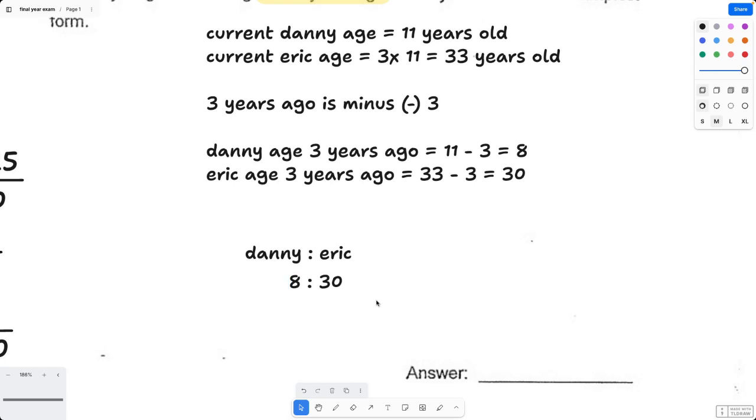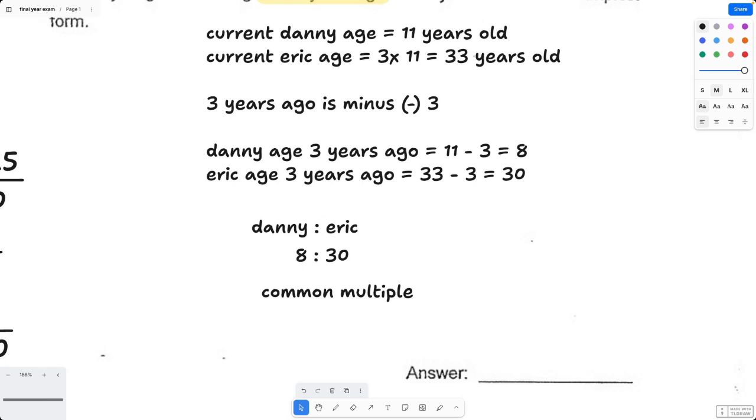All right, so Danny to Eric is this. So what's the common multiple? The common multiple for 8 and 30 is 2. Right, I'm going to make this pretty small, like this. Okay, common multiple. So we just divide by 2. Okay, divide by 2.